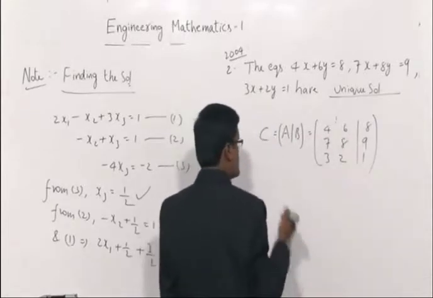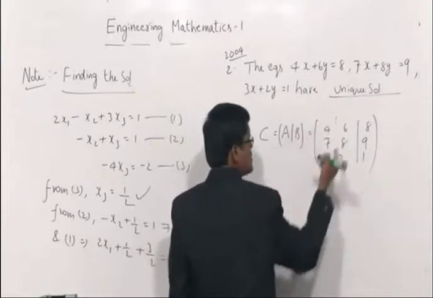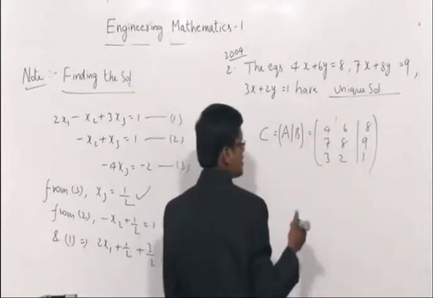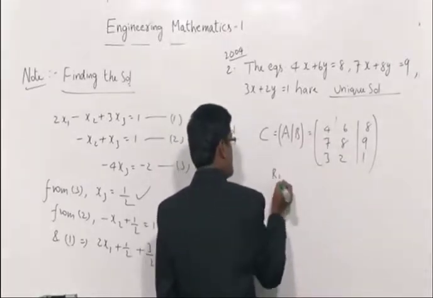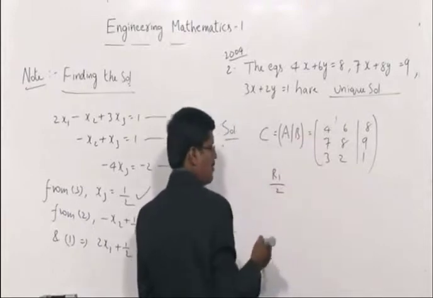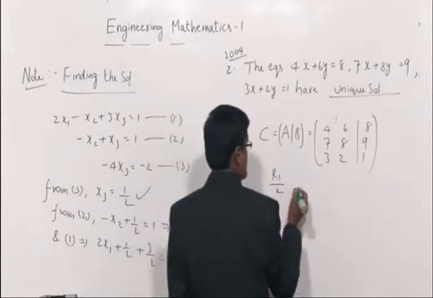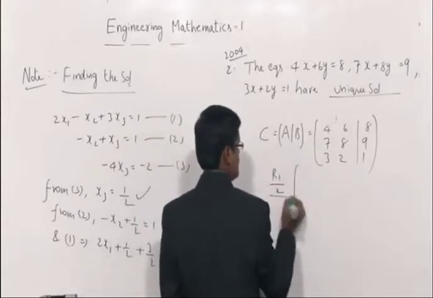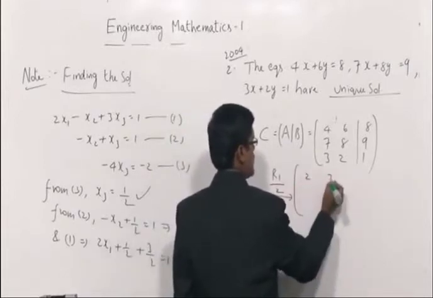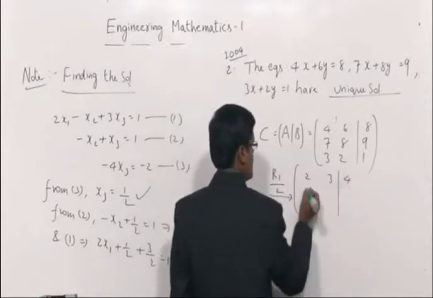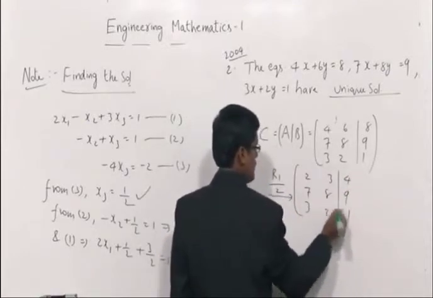Sometimes depending on the situation you bring the elements to as small as possible, that means express in simplest form. R1 divided by 2, that means we are multiplying row 1 by half. This simplifies to 2, 3, 4, 7, 8, 9, 3, 2, 1.